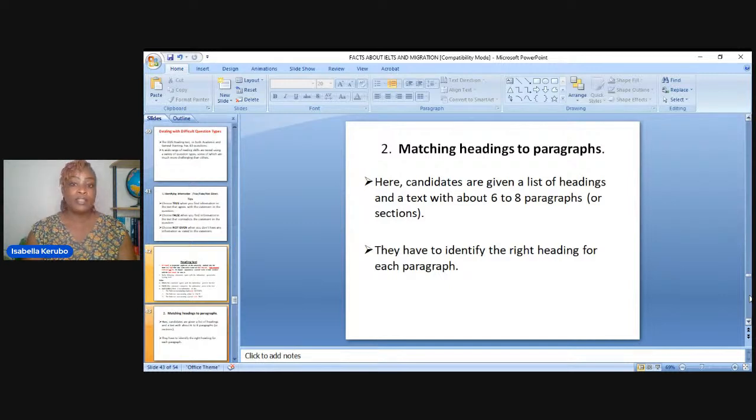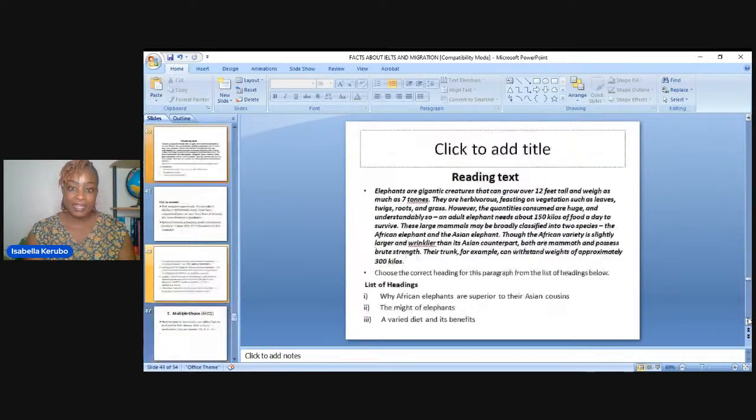And what you are required to do is to identify the right heading for each paragraph, all right? And in most cases, the list of the headings that you are given, they are more than the number of the paragraphs. For instance, you might be given about 10 headings versus 6 to 8 paragraphs. So you are supposed to identify the right heading for each paragraph.